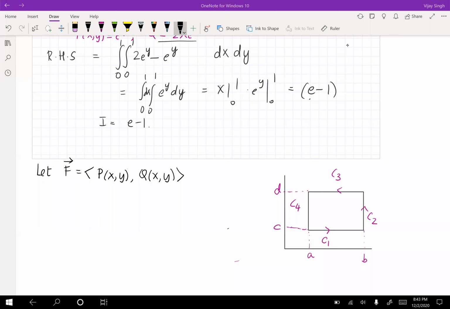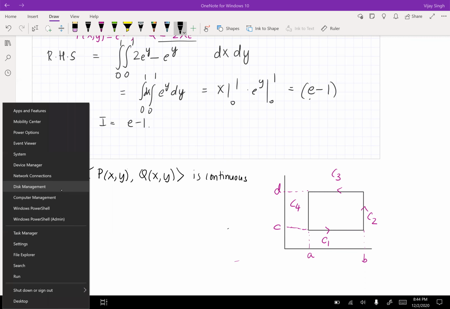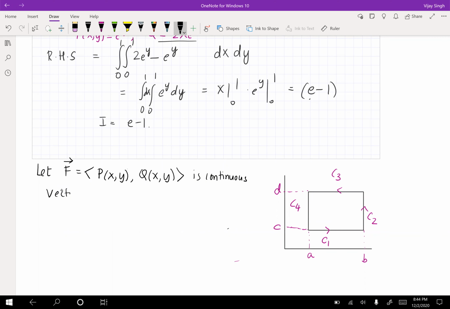So let F be a vector field P(x,y), Q(x,y), a continuous vector field on D. Actually, it should be continuous on an open set containing D, and let ∂D be the boundary.